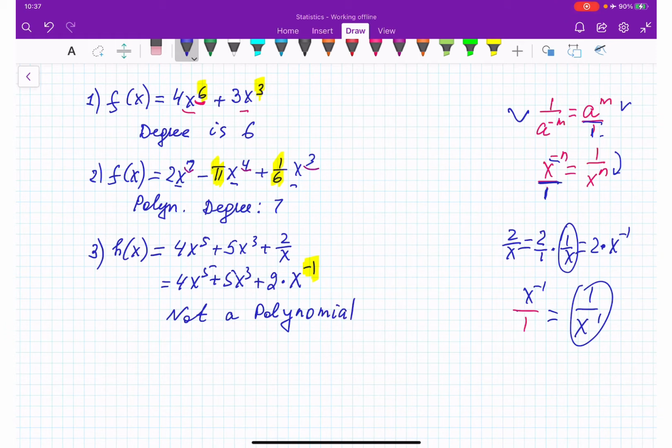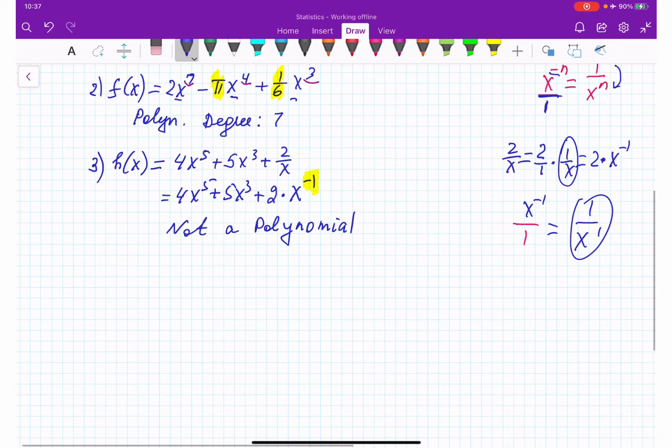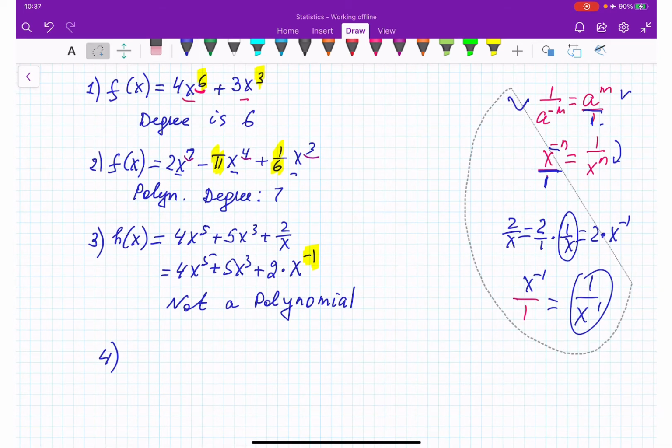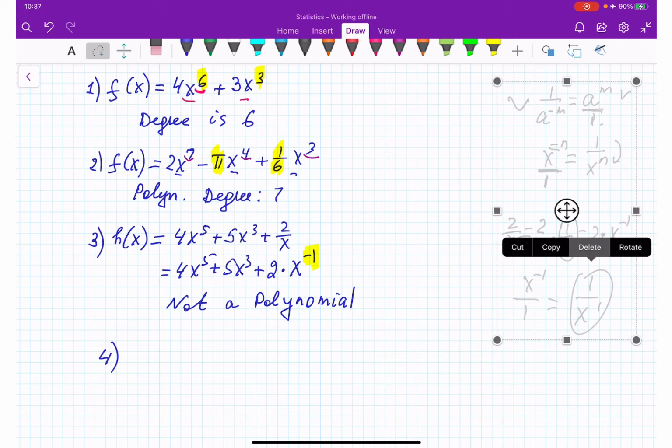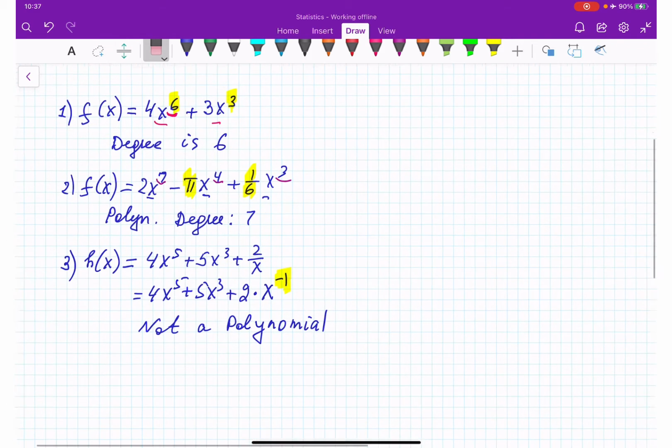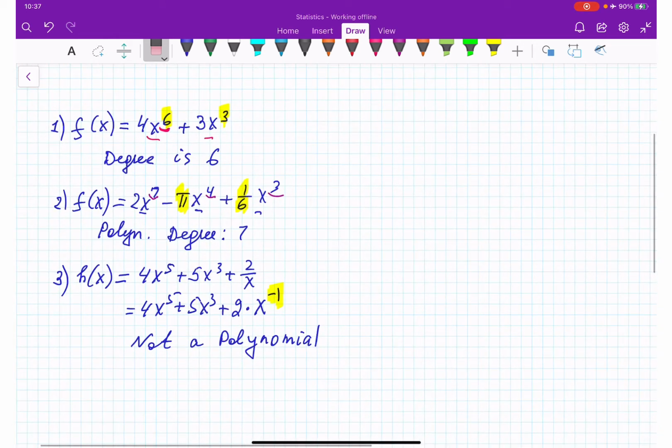All right. Question number 4. Let me clean this, so maybe I can rewrite on this side. Okay, I am moving to write on this side here. Question number 4.